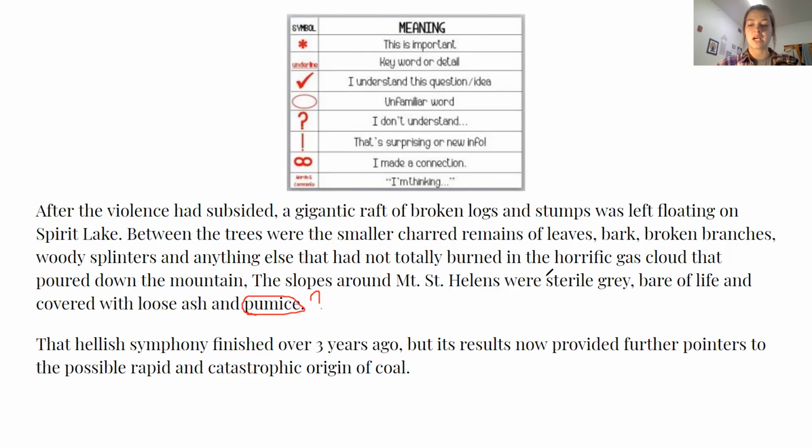What about sterile gray? I know that when things are sterile, that means they're clean. And this kind of reminds me of when you're in the hospital and things are sterile. So, I'm not sure about that though.